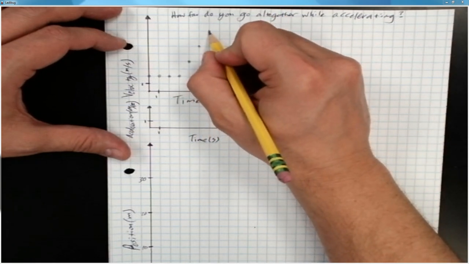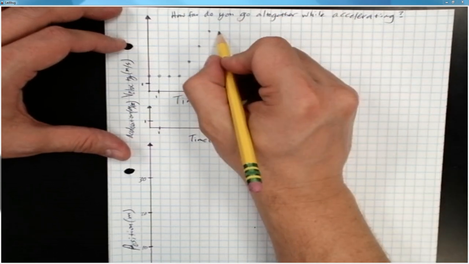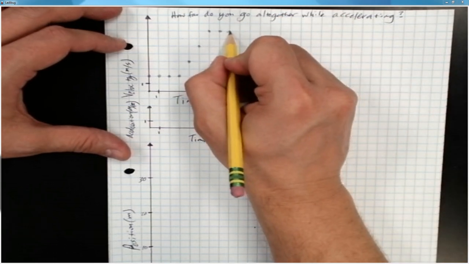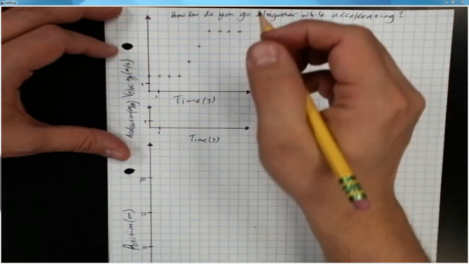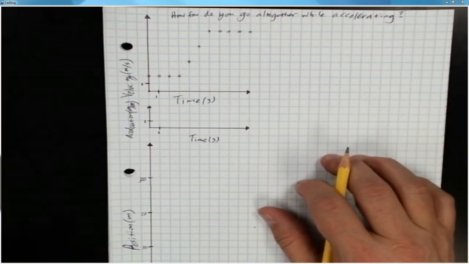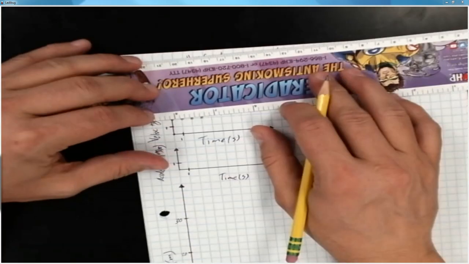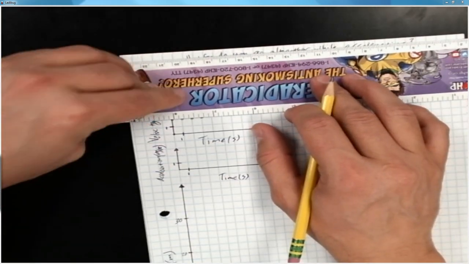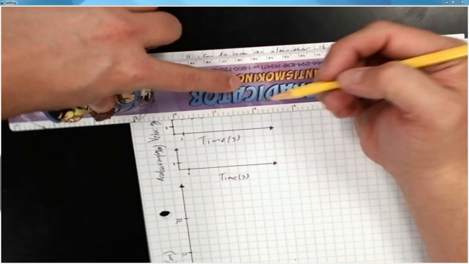So you do that for 1, 2, 3 seconds, and then you move at a constant speed for a little while. Yeah, that seems reasonable. All right, let's see here. Drawing straight lines is always a challenge for me, so I'll use my ruler.